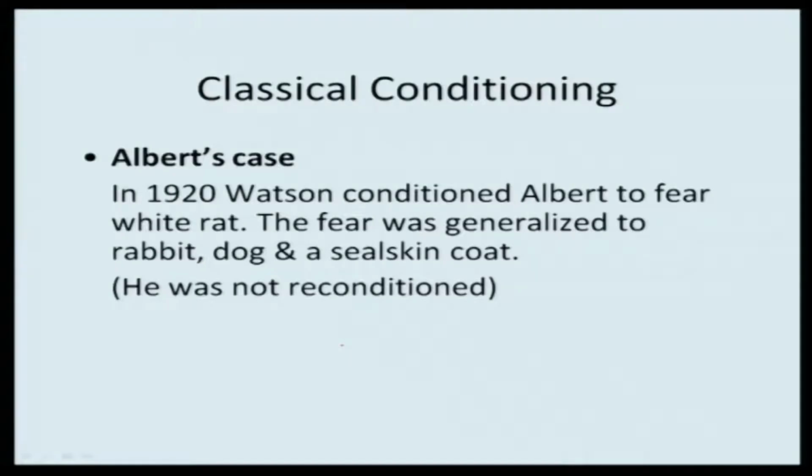Remember, it is a very old experiment, ethical considerations were not so important in those days, and Albert was not reconditioned after the experimentation. But what Watson was able to prove using Albert's case was that even in human beings you can induce certain types of learning using the classical conditioning model.